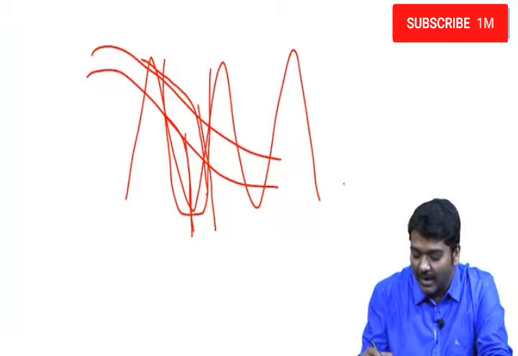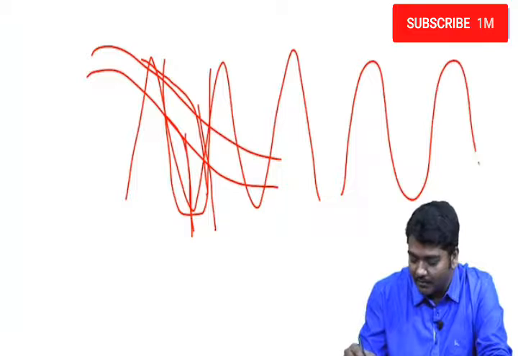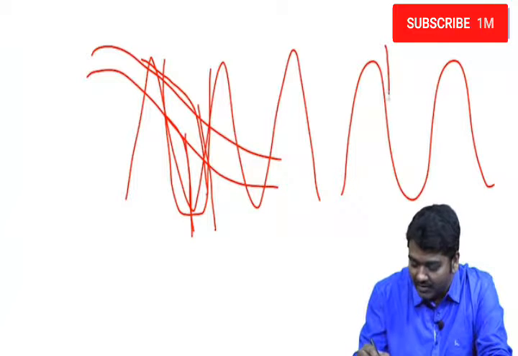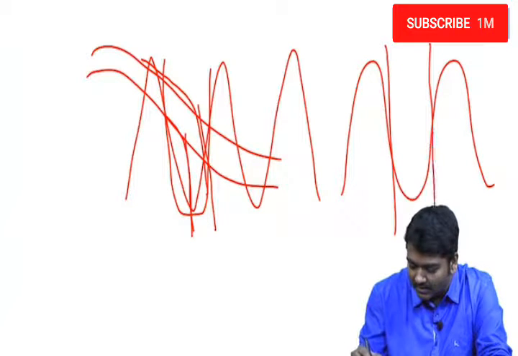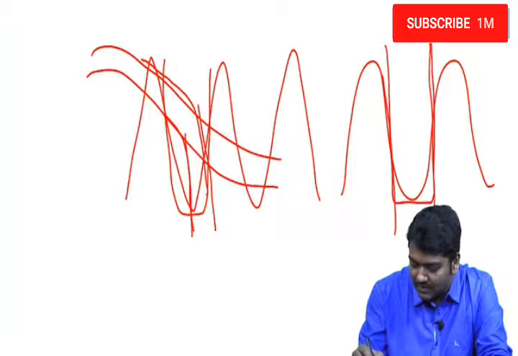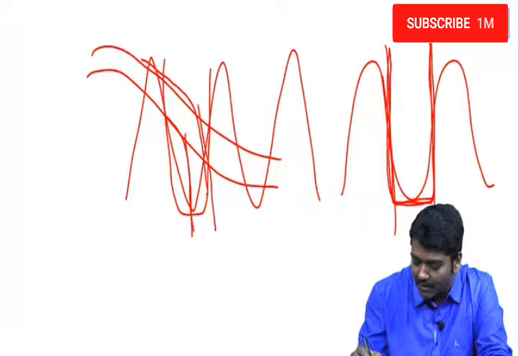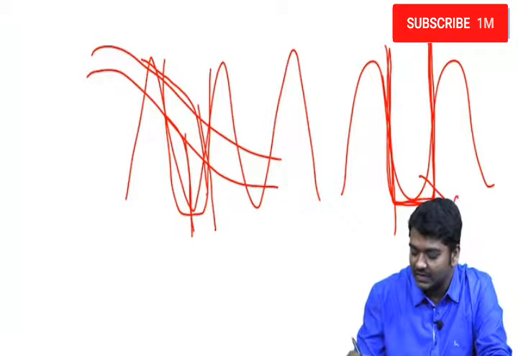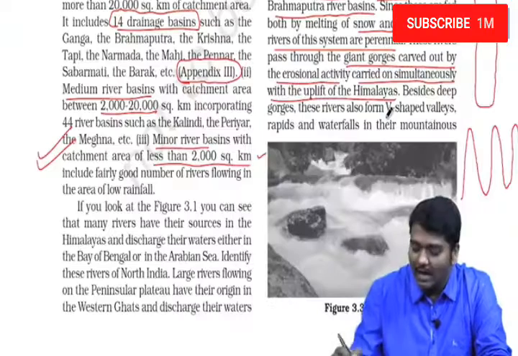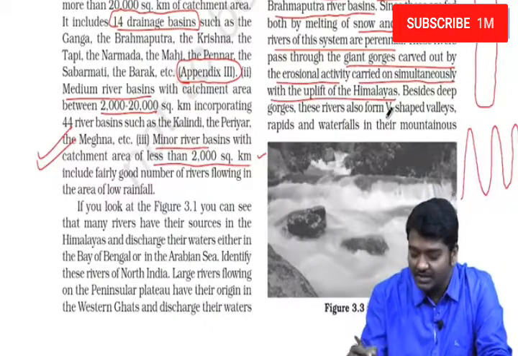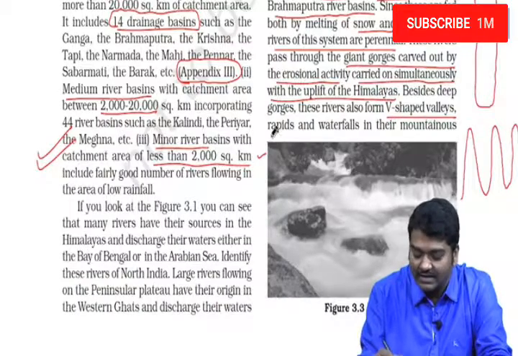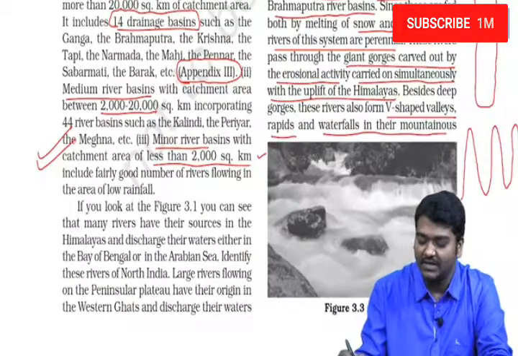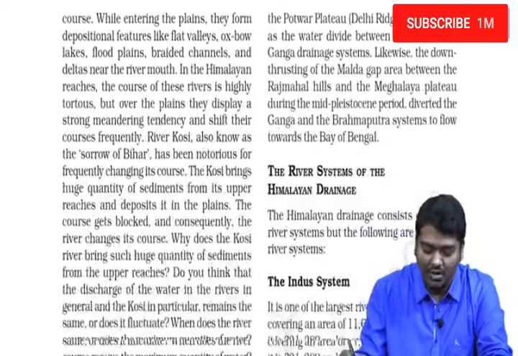So when I am talking about a river moving like this, the river is flowing in this, and we usually observe some sort of gorges being developed by the flowing rivers. As it is in its youthful stage, V-shaped valleys, rapids and waterfalls in the mountains are usually common.